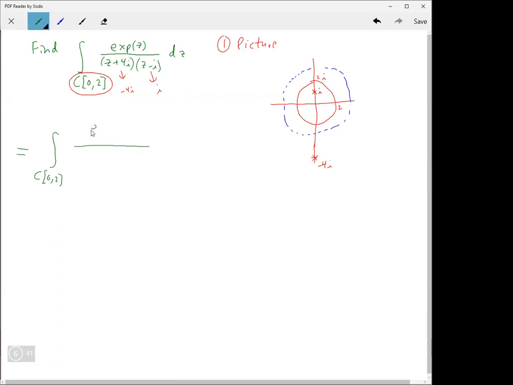I can take the numerator to be exponential of z, let me write it this way, times z plus 4i to the minus 1.